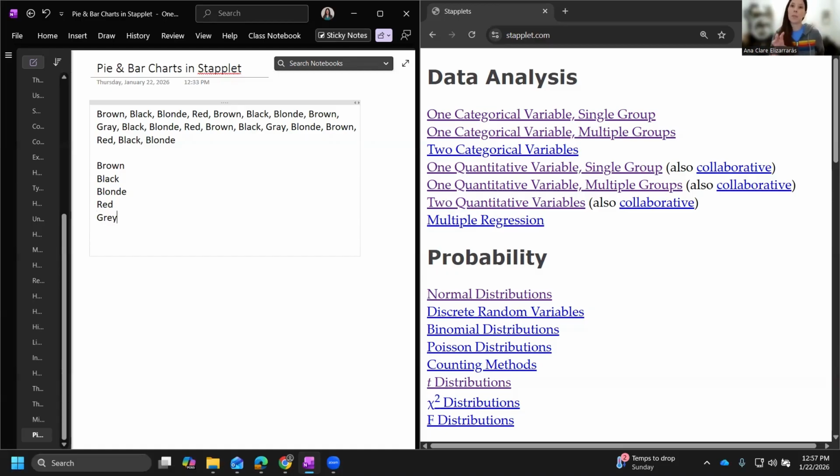Now, when you were creating a pie chart back in the day and you had to determine how large your pie slices were, it was based on the percentage of the data. How much of the circle was represented by how much was represented in the data. So if we have brown, there are 1, 2, 3, 4, 5 people with brown hair in this group.